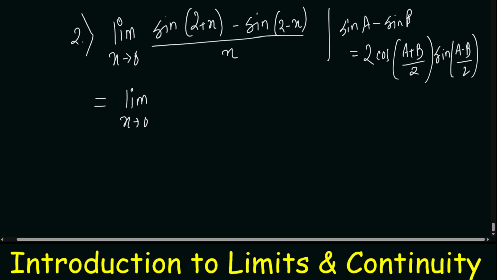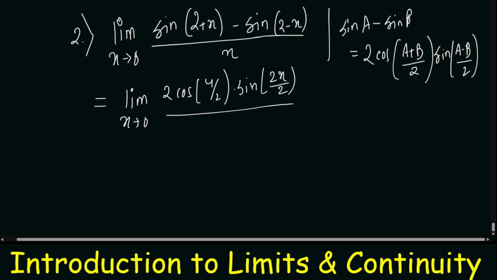Using this formula, we can write 2 cos of (2 plus x plus 2 minus x) by 2, which is basically 4 by 2, into sine of (2 plus x minus 2 minus x) by 2, which is 2x by 2, whole divided by x.